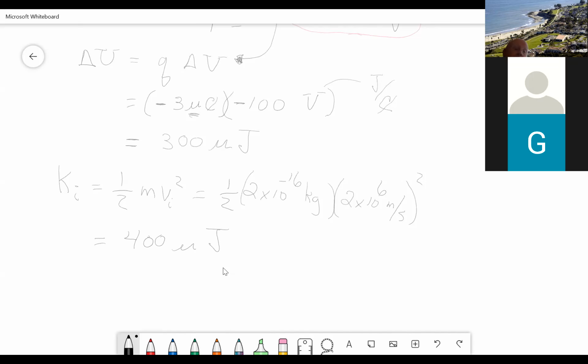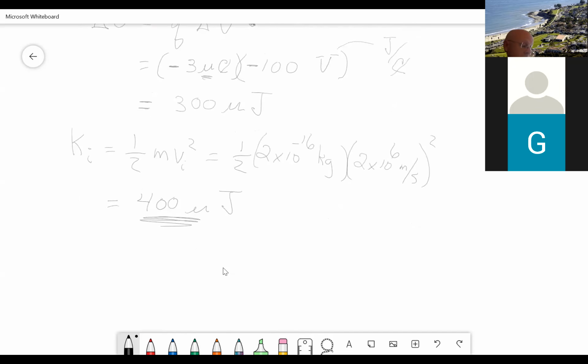It would use up 300 of its energy to get there, and then it would have 100 left over, but it definitely has enough energy to get there. So the first part of this question, which was the big one, is does it actually get there? Yes.